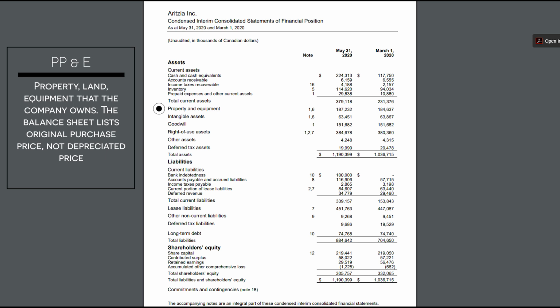Essentially, PP&E always loses value. Think of it as a car. When you purchase a car, that car depreciates. Same with PP&E. This is the dollar value of property and equipment, and this dollar value is at original cost, so this isn't after depreciation has taken place.